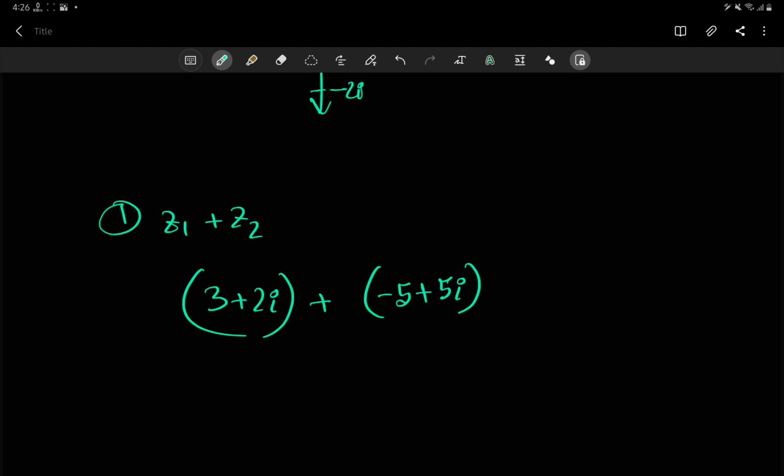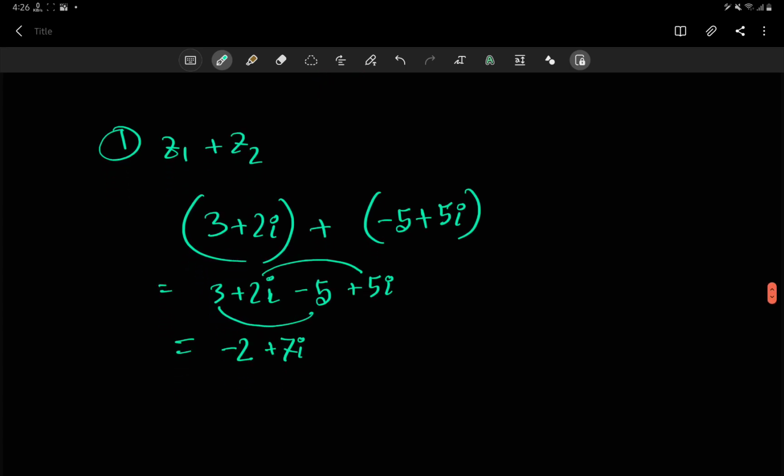Well, we add them just like our normal numbers. 3 plus 2i, then we have minus 5, then plus 5i, and if we add them up, we have 3 minus 5, so minus 2, and 2 plus 5, that is plus 7i. So this is how we add complex numbers.